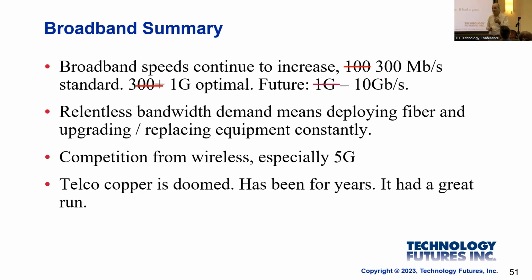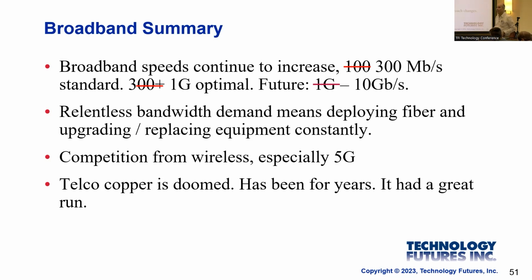It'll just continue. We're starting to see competition from wireless, including fixed wireless. And I say this every year, the telco copper is doomed. I mean, some of it's still there, and some will still be there for a while, but it's doomed. It had a great run for decades and decades, but game over.